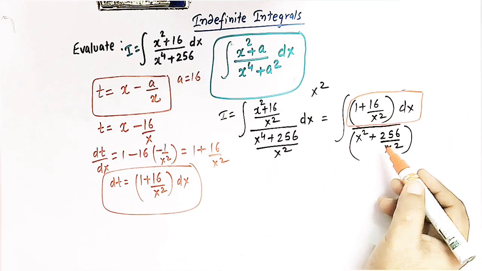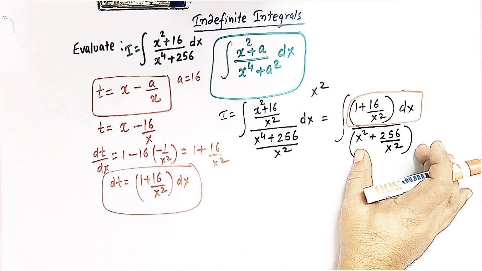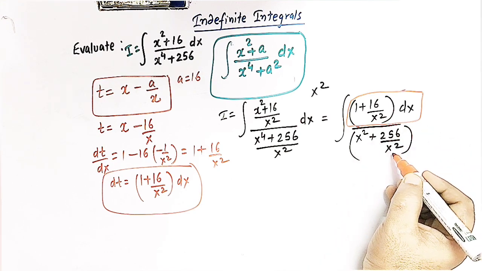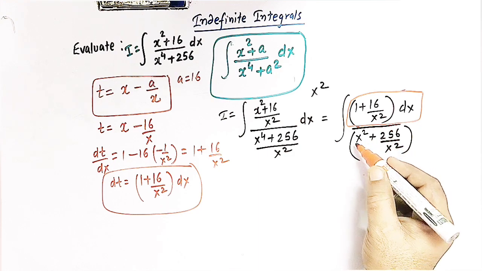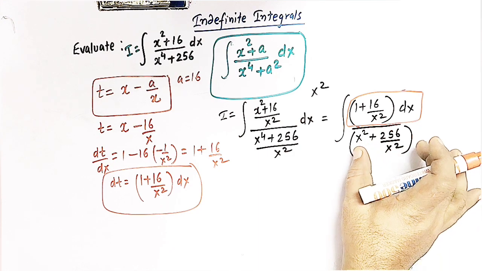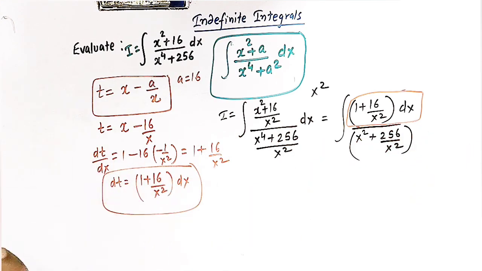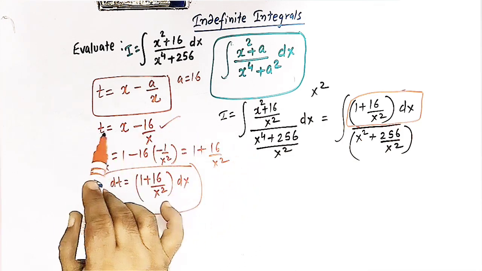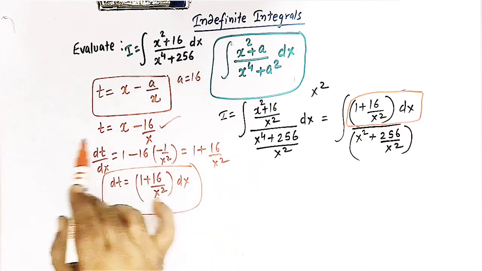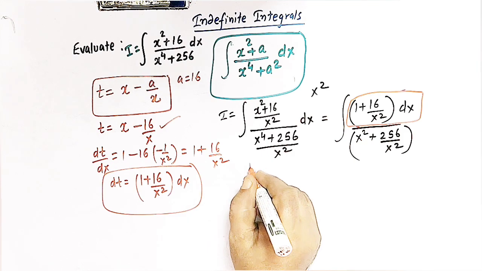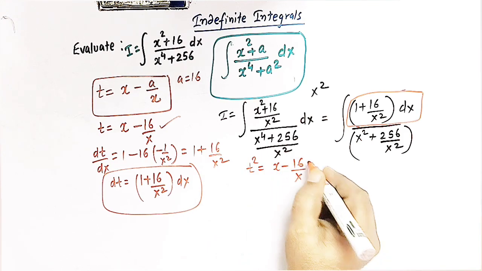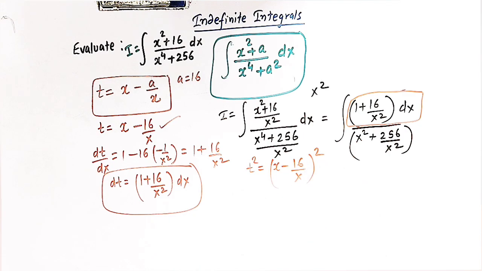Now let us take care of this denominator, and in the denominator we have x square plus 256 over x square, and now our aim is to express this quantity in terms of t. So we'll make use of this equation, and we can take the square of both the sides. So we can now write t square, and here we have (x minus 16 over x) square.